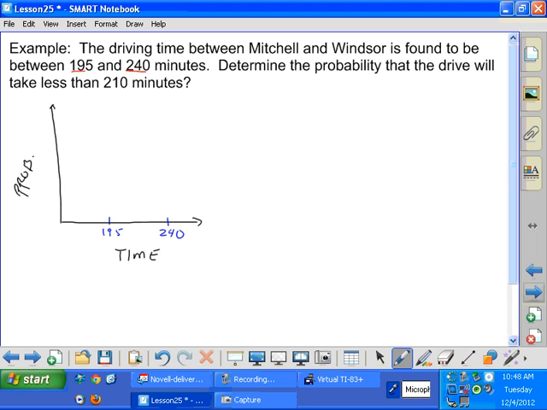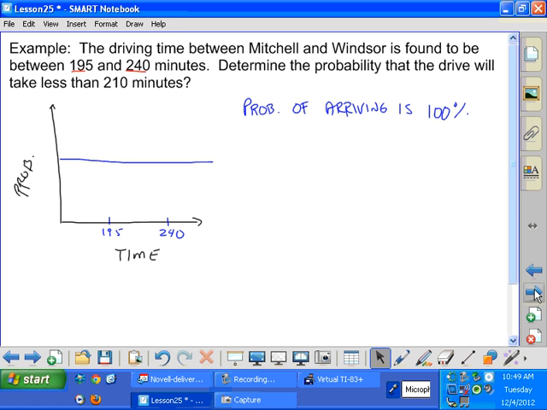So I know that the probability of arriving is 100%. Remember I talked about probability density. Now we're looking at the area under the graph. So our probability graph is going to look like this, and what we want to do is find the area under the graph.